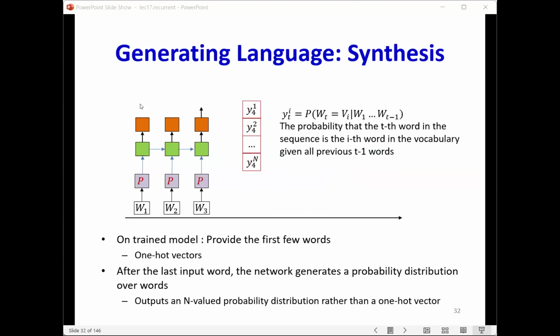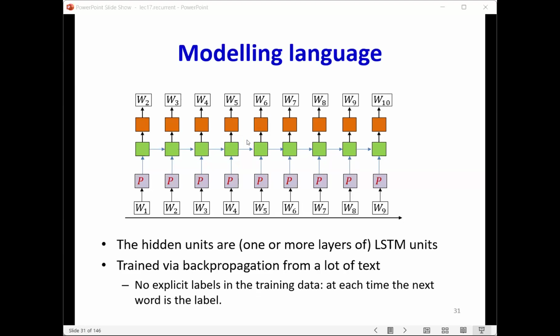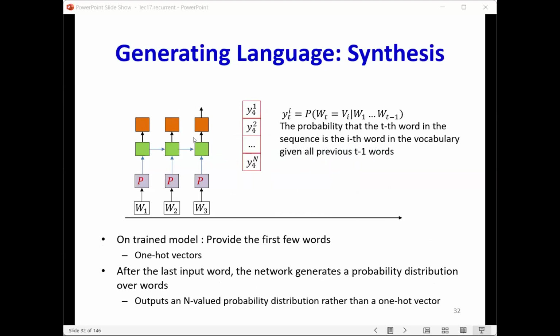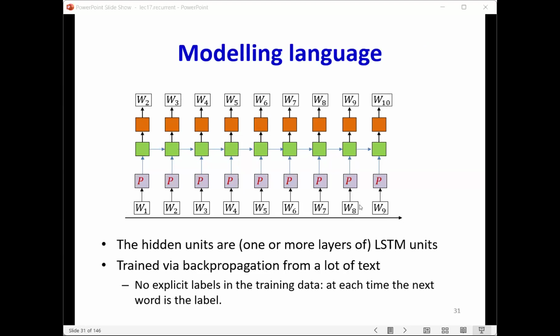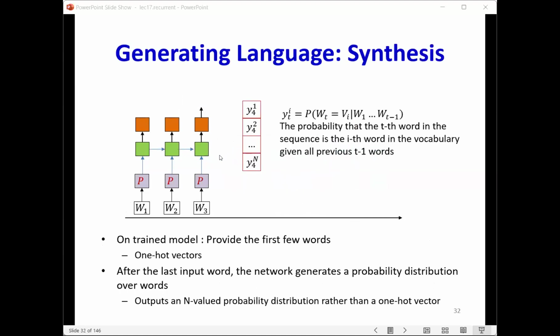So if I have this, how can I use this to generate text? I can just take a whole bunch of text. I can train this model where the label at any time is the next word in the sequence. So I don't need external labels. I'm always using the next word in the sequence as the label. And now I can use this to generate more text. I might have some initial text, W1, W2, W3, right?